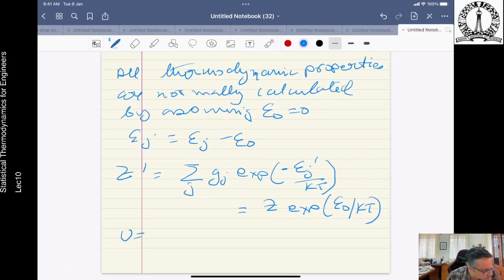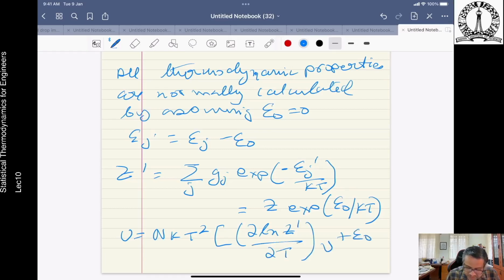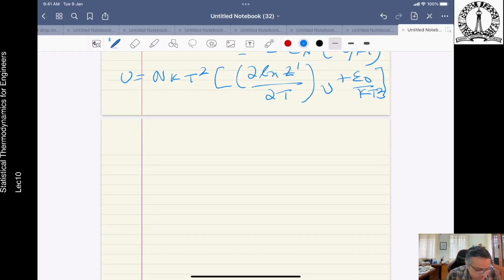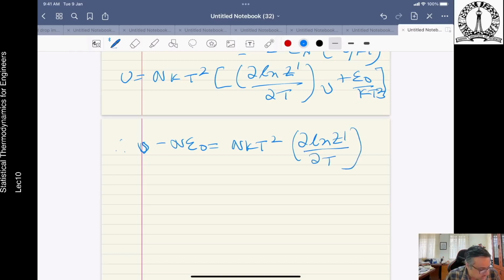Similarly, U can be written as nkT square, as we know already, d ln Z prime by dT at constant V, plus E naught divided by kT square. Therefore, U minus n E naught is equal to n kT square d ln Z prime divided by dT at constant V. So this is what we call the ground state energy.